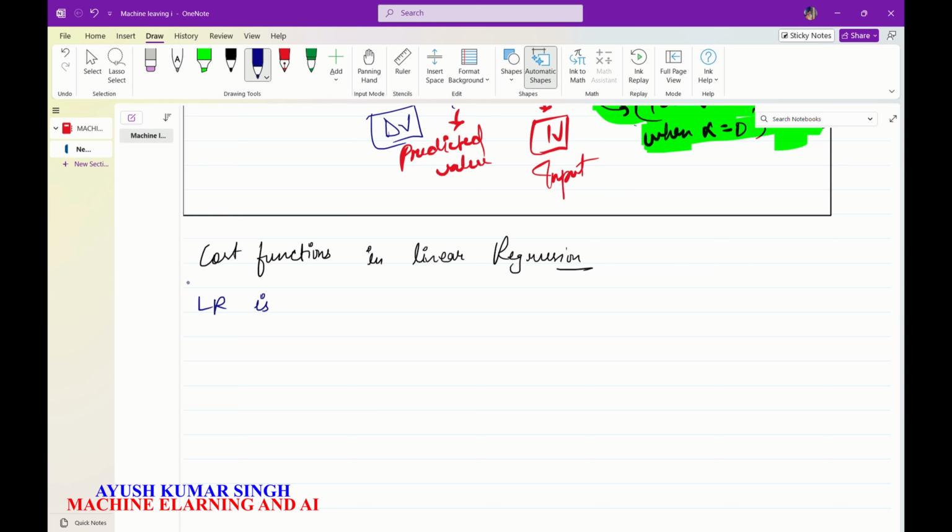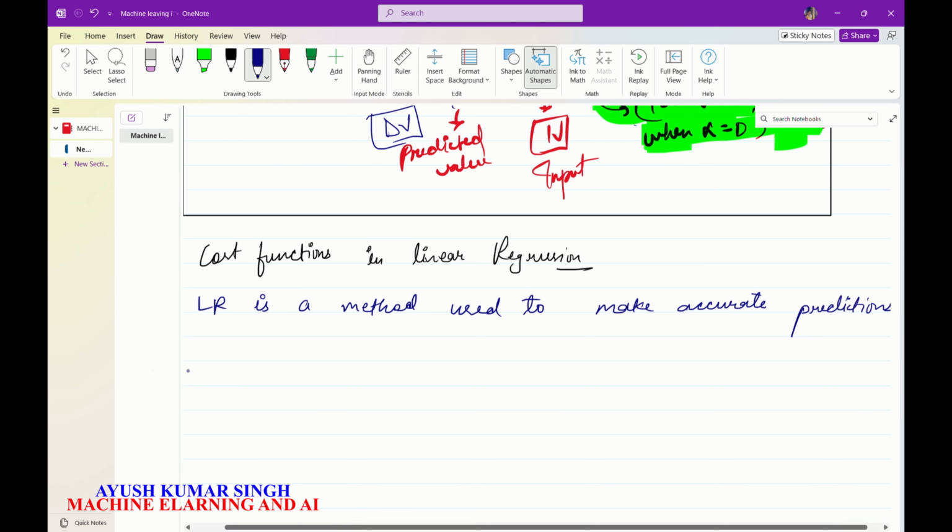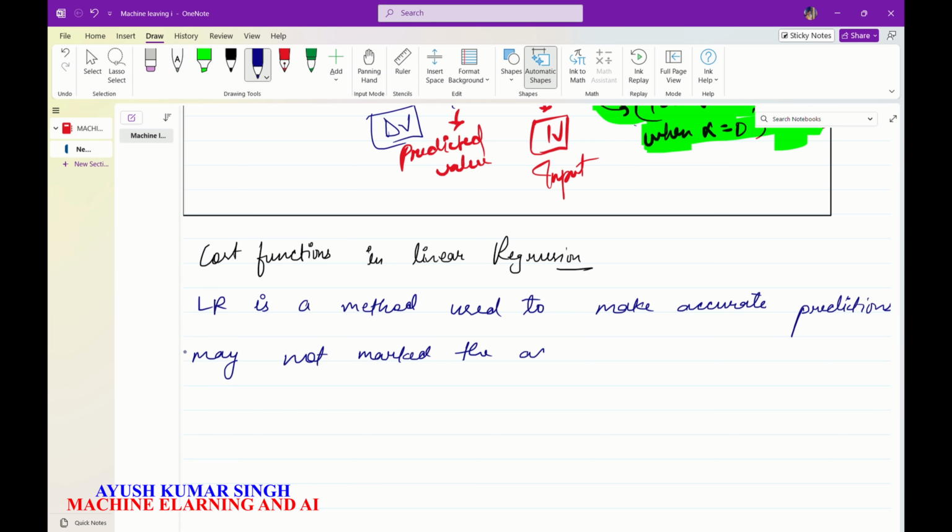Linear regression is a method used to make accurate predictions that may match the actual data.